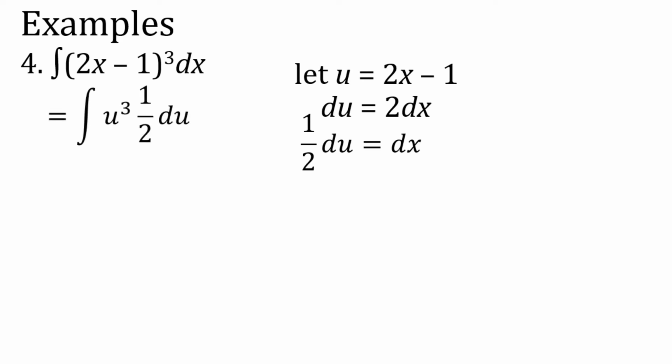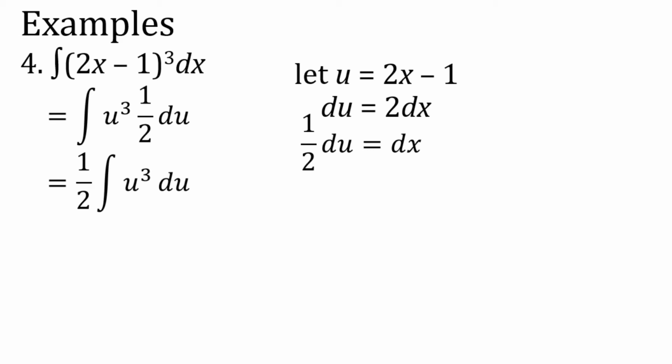And then let us express this in the form of u cubed times 1 half du, because obviously this is our u cubed and this dx is 1 half du. Put the coefficient outside the integration symbol. So now we have 1 half the integral of u cubed du.